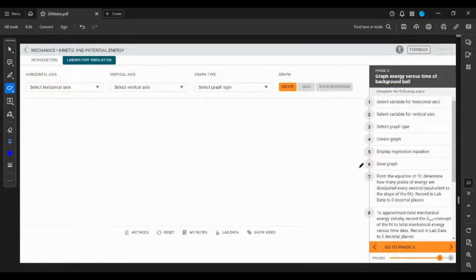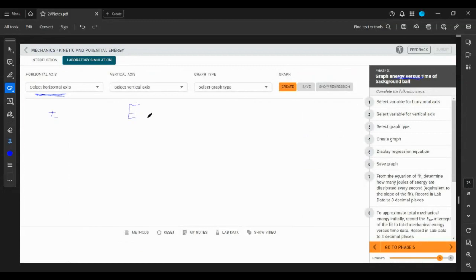Okay, then from here, we want to throw all of this information into a graph. This is going to use your automatically tabulated information from earlier. You just have to tell it in what order and what way to use it. As we've talked about before, typically your horizontal axis is pretty much always going to be time. And then your vertical axis is going to change depending on what you're looking for. So here it's energy versus time.